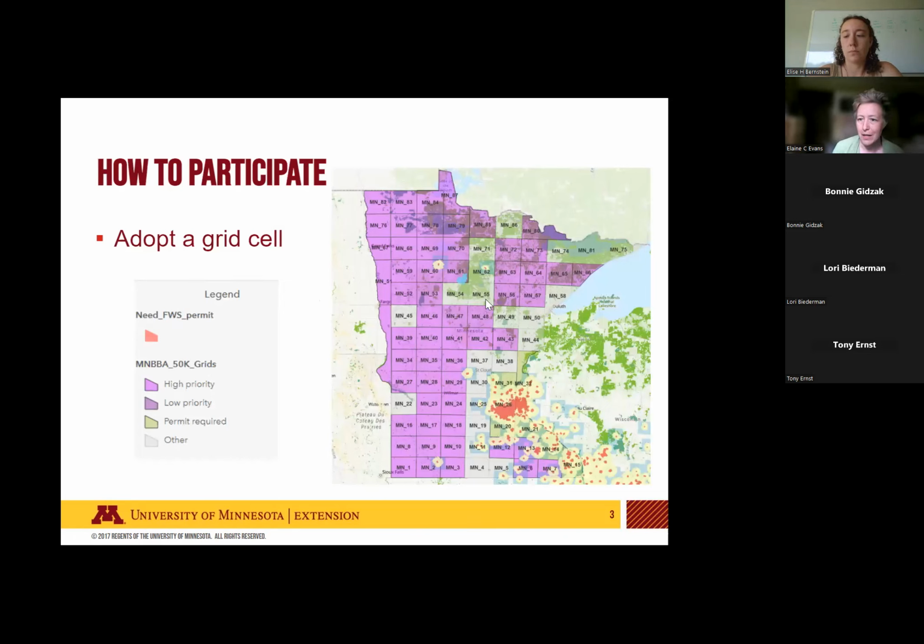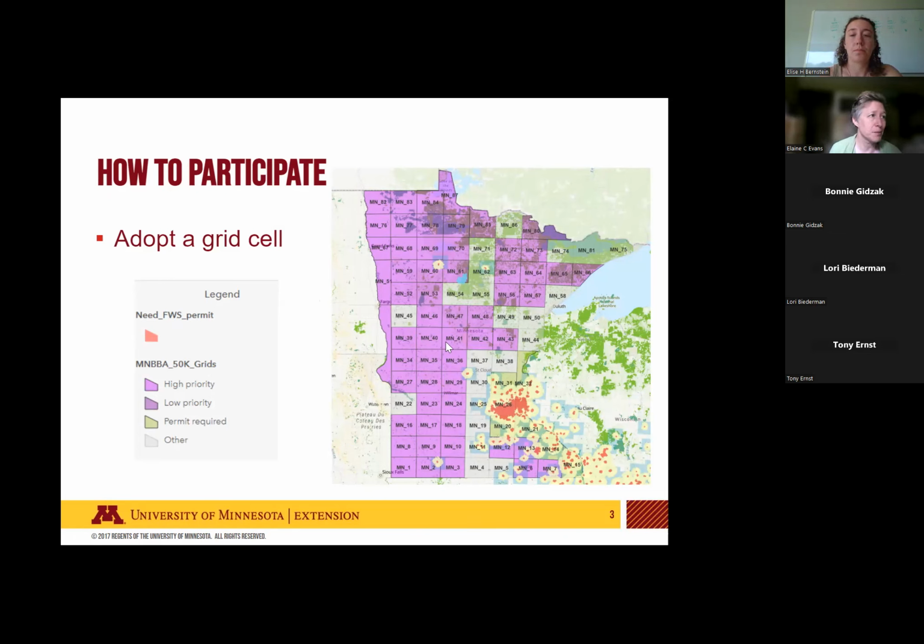So I'm assuming that you're here because you have adopted a grid, and if you're thinking about adopting a grid, we're always happy to have more grids adopted. We do have these priorities.